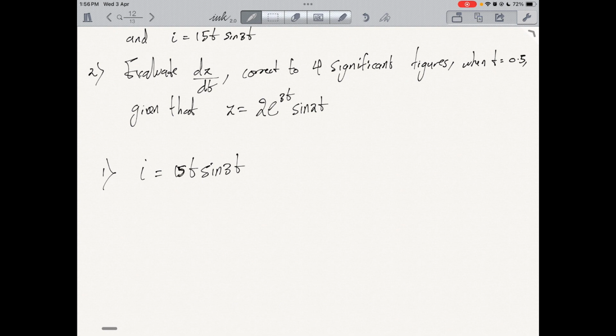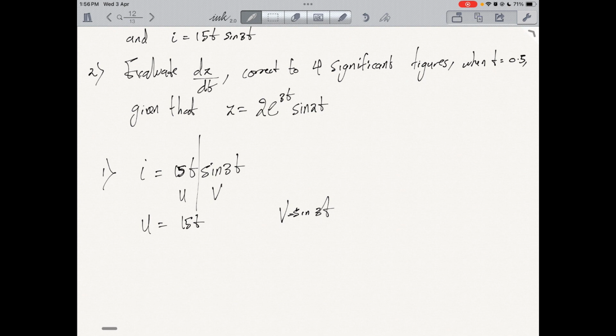Now we can see from here that the product rule is applicable. So we have u and we have v. Our u is 15t and our v is sine 3t.